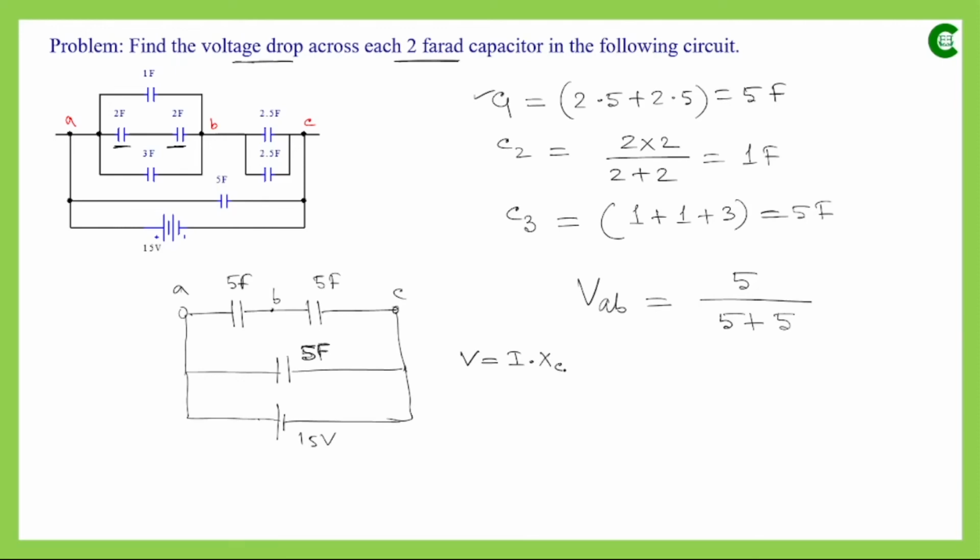So V will be I into XC in case of capacitive reactance, and in case of an inductive circuit V will be equal to I into XL, the inductive reactance. And we know that capacitive reactance is 1 by omega C, where omega is equal to 2 pi f, where small f is the linear frequency of the supply.